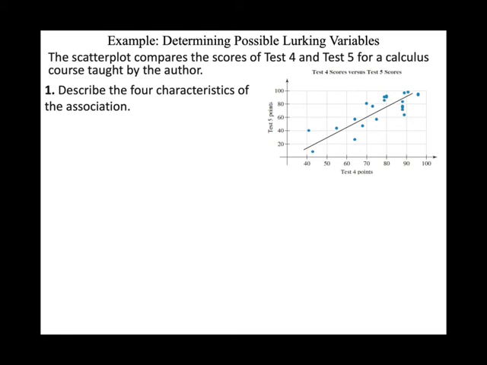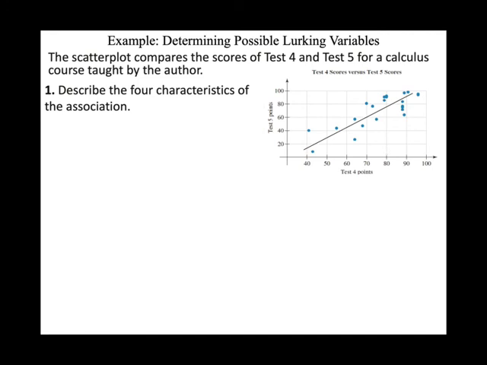I want you to find out, do we have any outliers here? Remember, what's an outlier? An outlier means one or two points that are far away from the majority. No, right? All those points are around the straight line here. So we know there are no outliers.